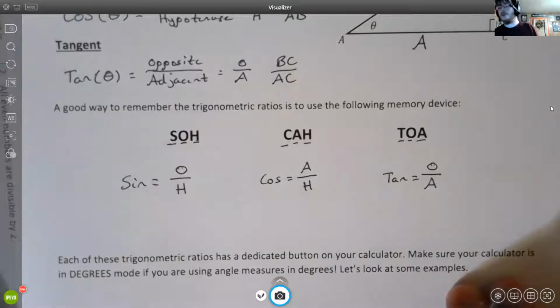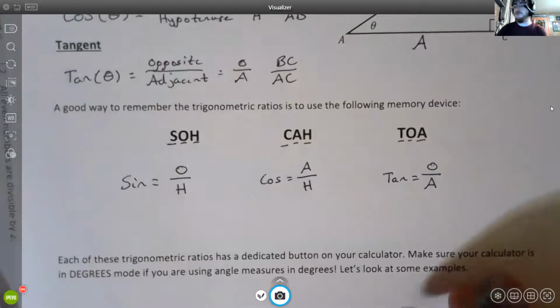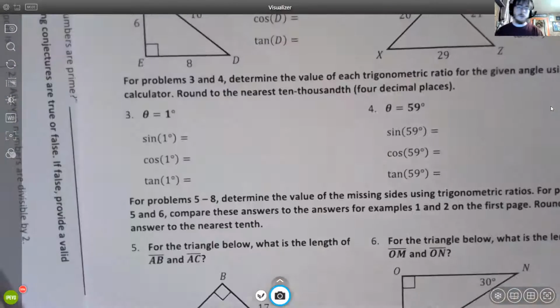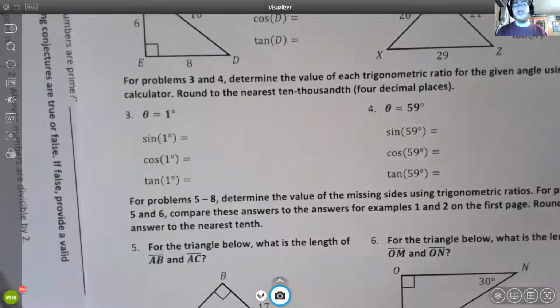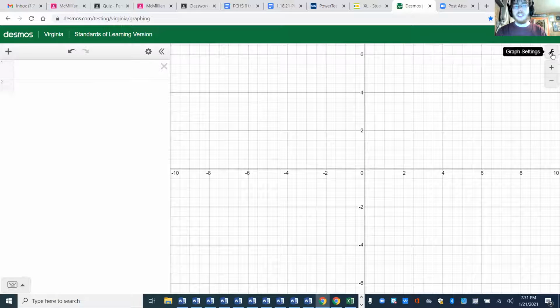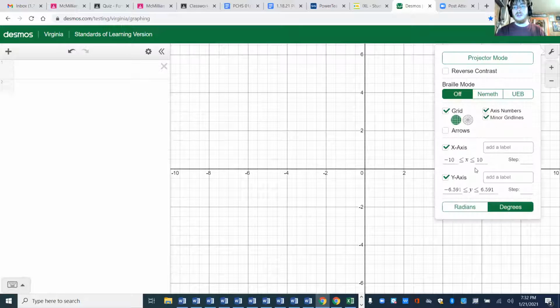Okay? Now, before we move on, I want to make sure that your calculator in Desmos is in degrees. So go to Desmos. And in Desmos, if you're on the Virginia Standards of Learning version, you'll see it like this. I want you to click this wrench up in the top right. And the bottom here should look exactly like mine.